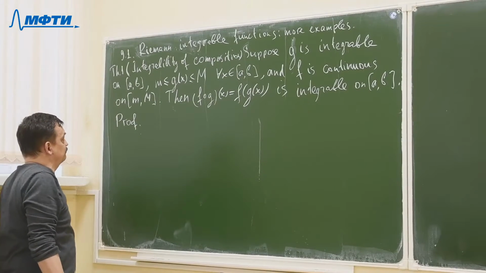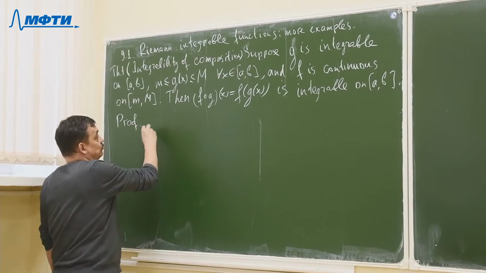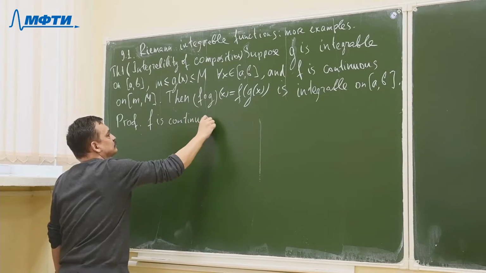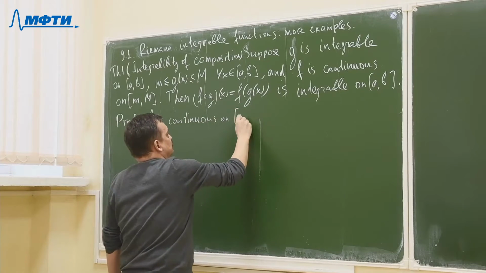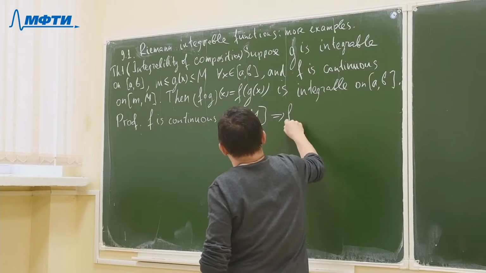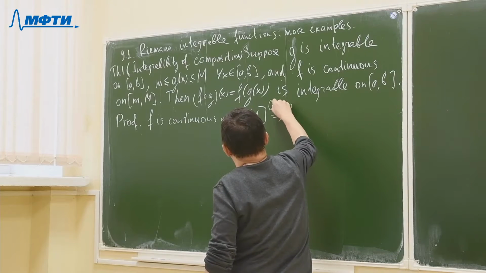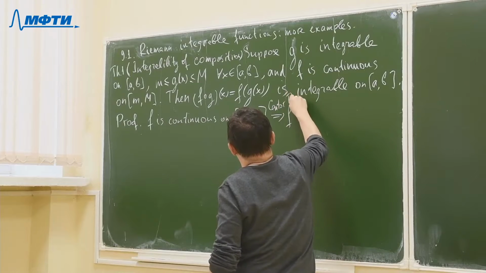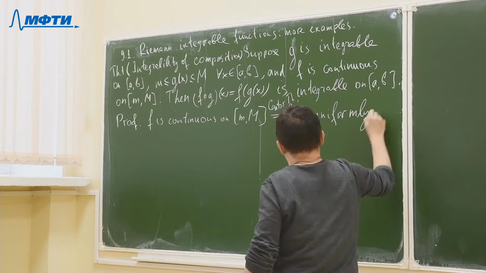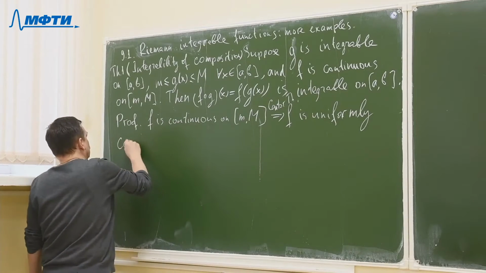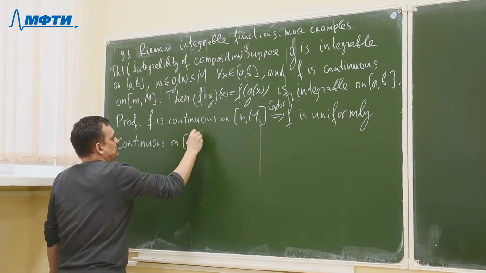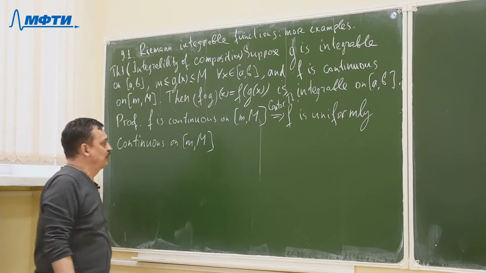So let's start with continuity. So f is continuous on our interval [m, M]. Hence, by the Cantor theorem, f is uniformly continuous on [m, M]. What does it mean?